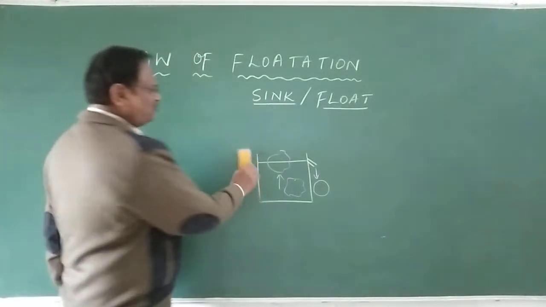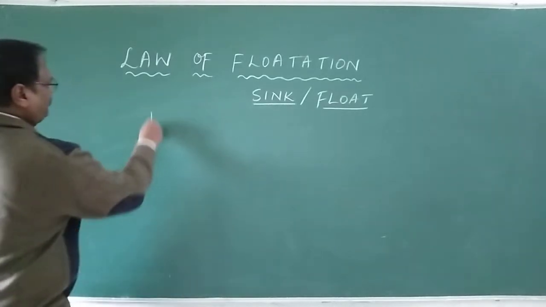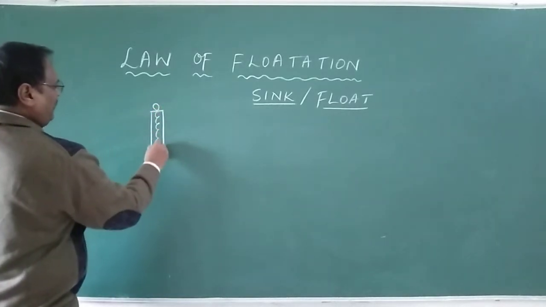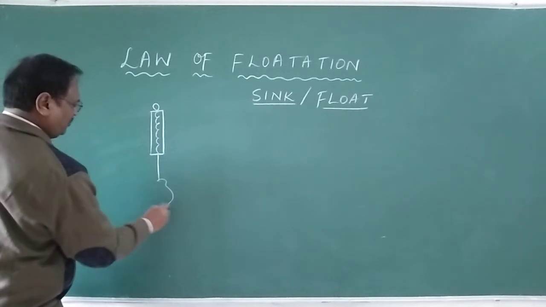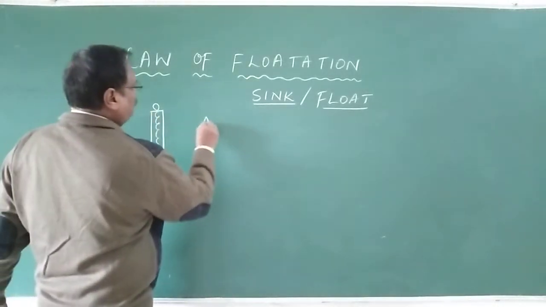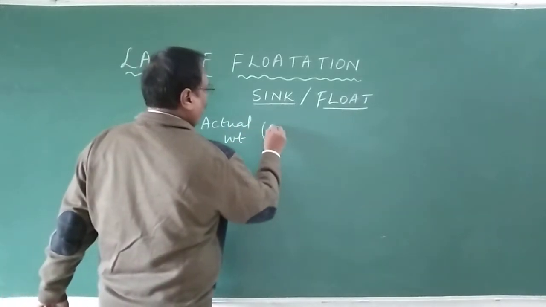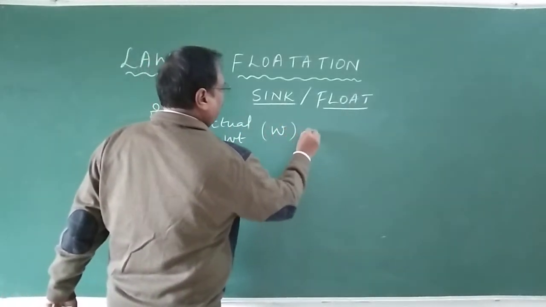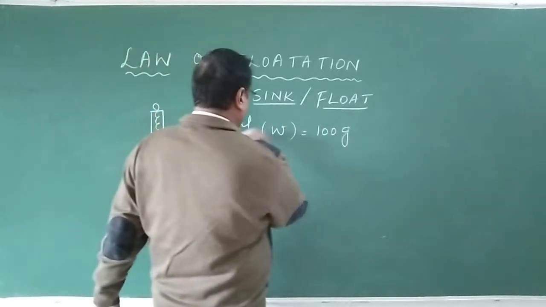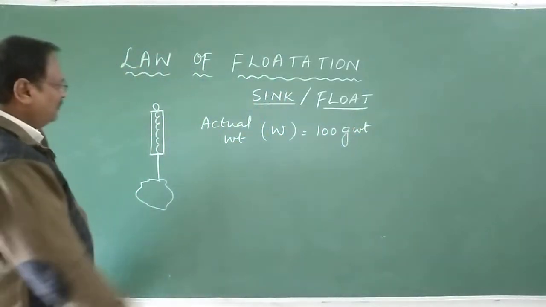Yesterday I asked you a question. For example, there is a spring balance, and I tie a stone to this spring balance. The actual weight of the body, you call it W, is equal to 100 gram weight, which you can write as gwt.